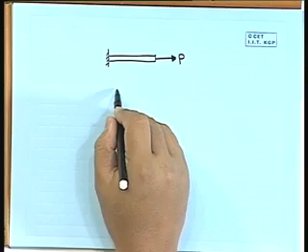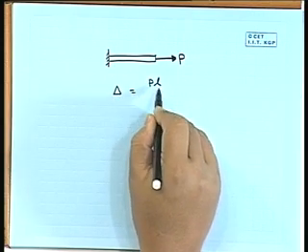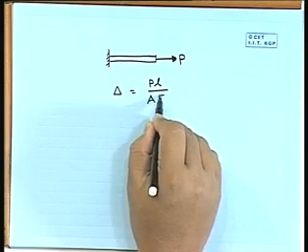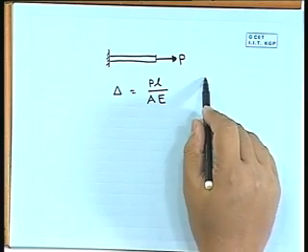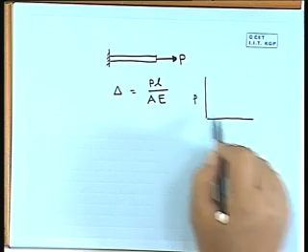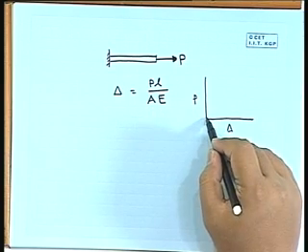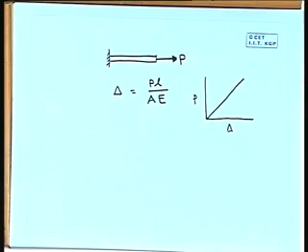Now, the elongation we wrote in the last class was P L by A E, and we have drawn a curve like this, your load versus elongation, a straight line, because the whole thing is a linear system.